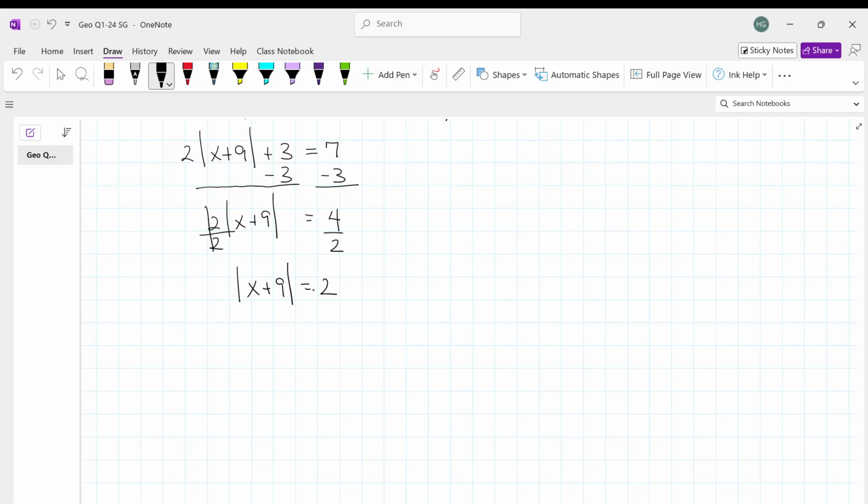Next step is to write both equations. So we take x plus 9 equals 2 and x plus 9 equals negative 2. Solve both equations. We get an x that's equal to 2 minus 9, which is negative 7. And negative 2 minus 9 would be negative 11.